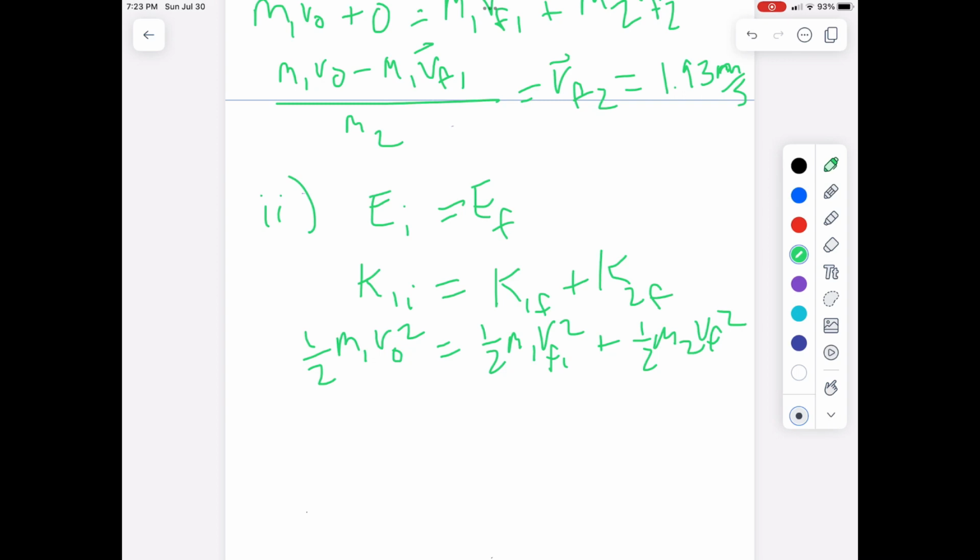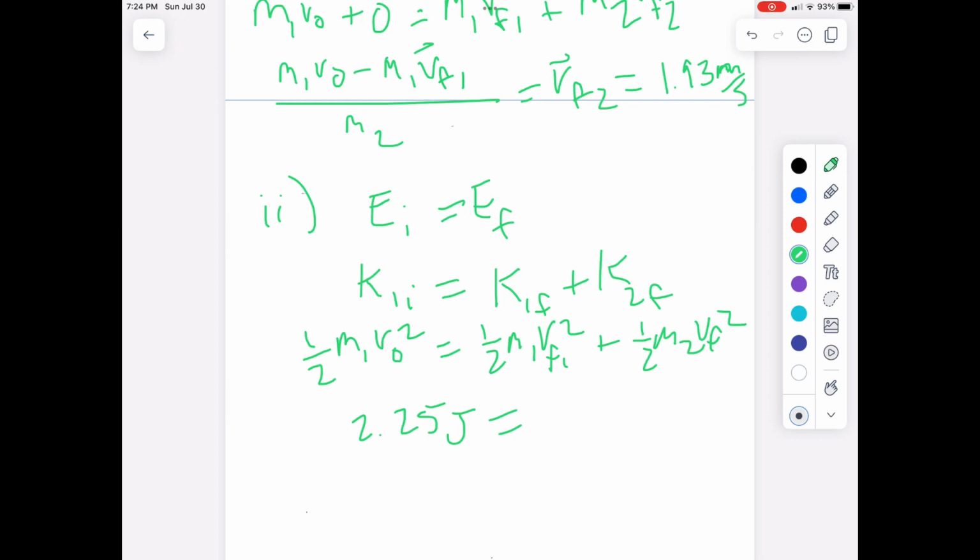All right, so then I get that 0.5 times 0.5 times 9. So this side's equal to 2.25 joules. And to see if we get the same on the other side, we would have 0.5 times 0.5 times 1.06 squared plus our 0.5 times 1.05 times 1.93 squared.